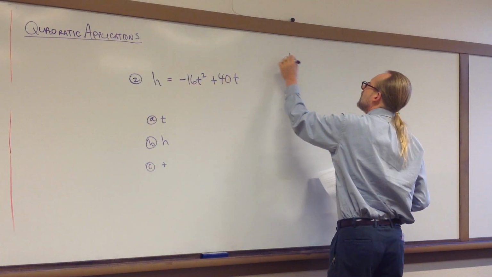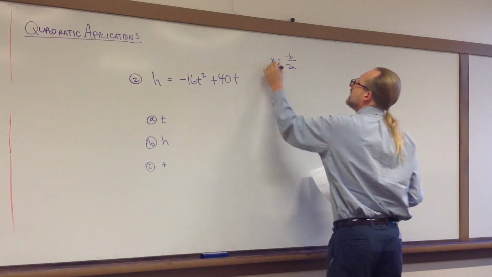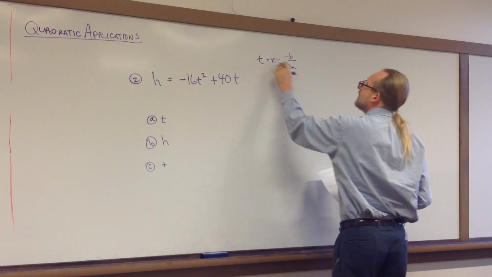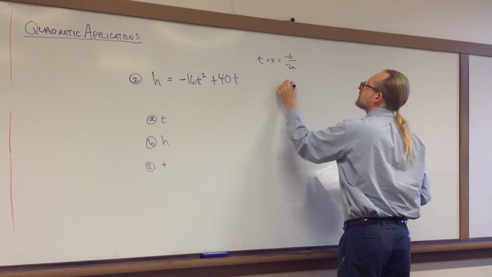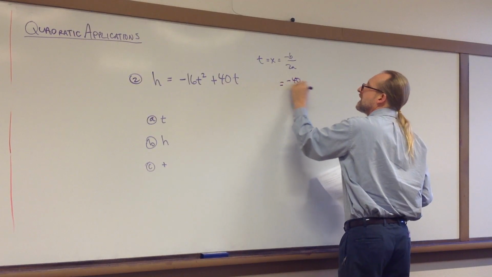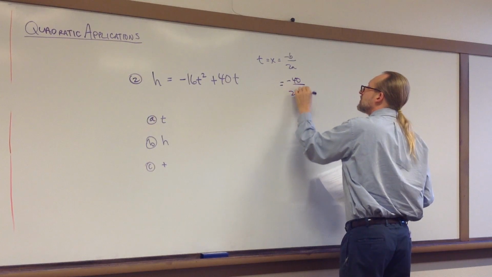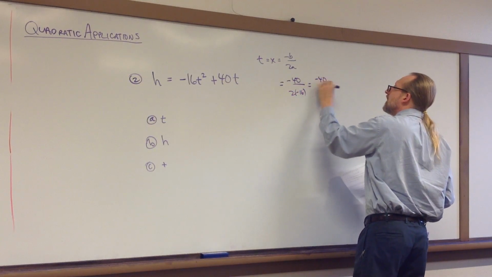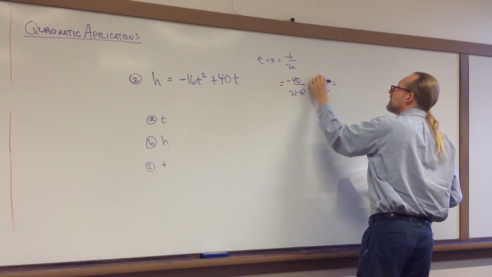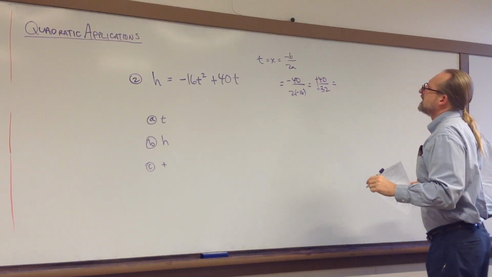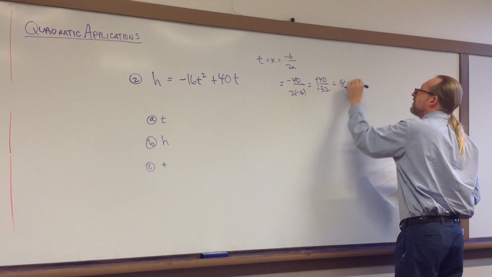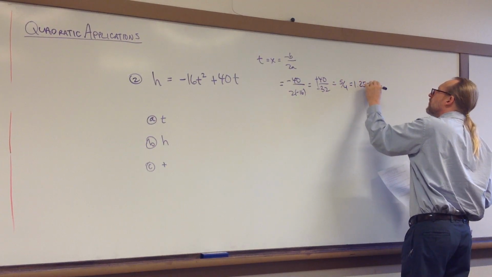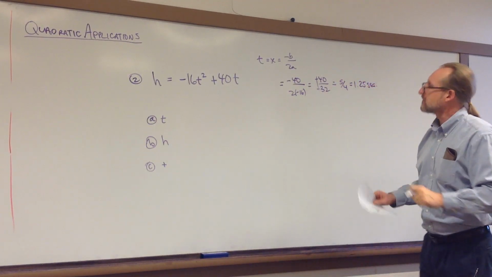Minus b over 2a. In this case, we're working with t rather than x, but that doesn't make any difference. Our b is 40, so we'll do negative 40 over 2 times negative 16. Negative 40 over negative 32 is positive 5/4, 1.25 seconds.